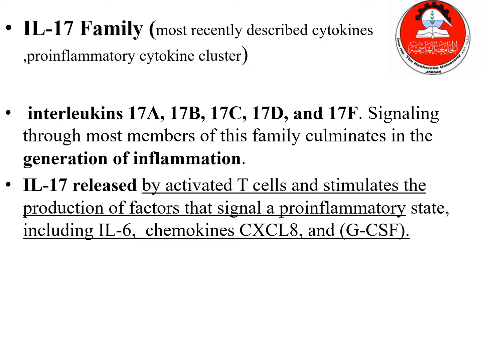It's released by activated T cells and stimulates the production of factors that signal a pro-inflammatory state, including interleukin 6, chemokines such as CXCL8, and granulocyte colony stimulating factor. So the interleukin 17 family plays a role in the generation of inflammation and attracting cells to the location of inflammation.